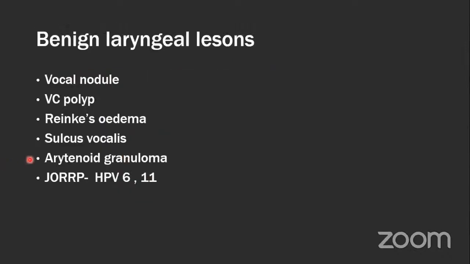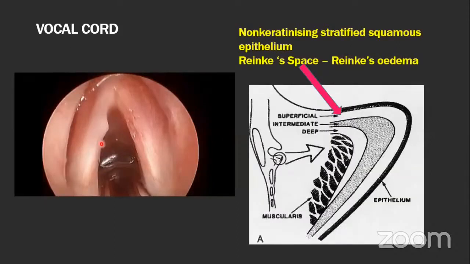Next one is sulcus vocalis, a benign laryngeal lesion. In sulcus vocalis, there is actually an invagination of the medial vocal cord mucosa into the Reinke's space up to the vocal ligament. You can see a sulcus in the vocal cords. Okay, there will be a groove in the medial surface. Which is the medial surface?